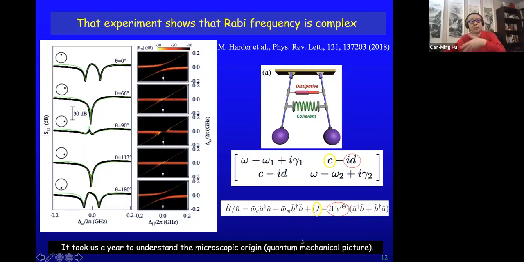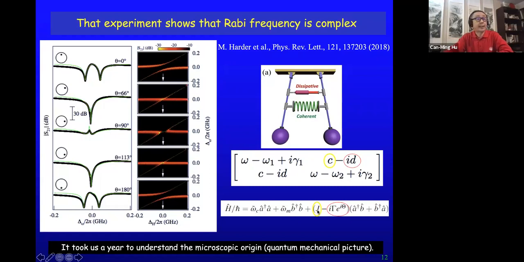It took us almost one year until we understood the microscopic origin of this type of coupling. And we get a Hamiltonian, which I will explain to you later. It is essentially similar to this simple model here. You still have two oscillators with damping, the complex frequency here.